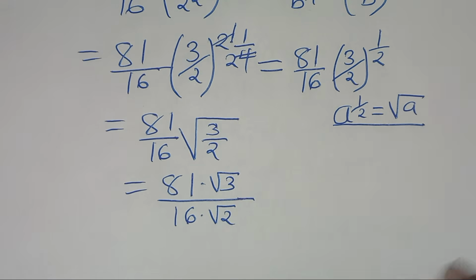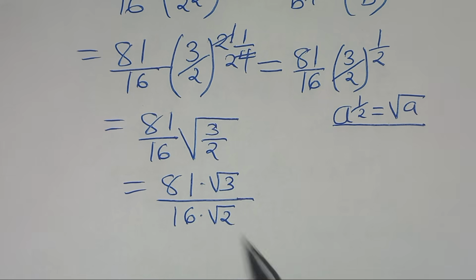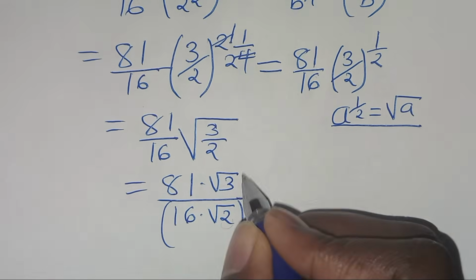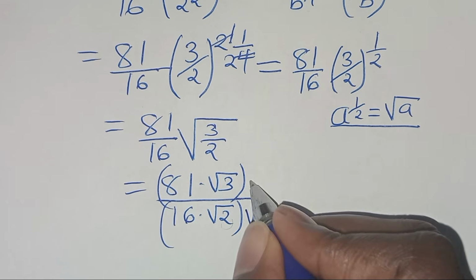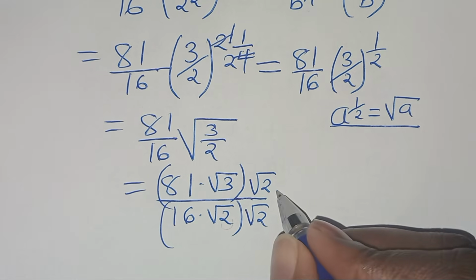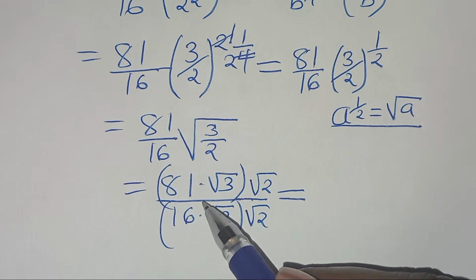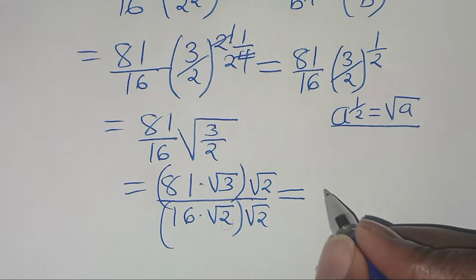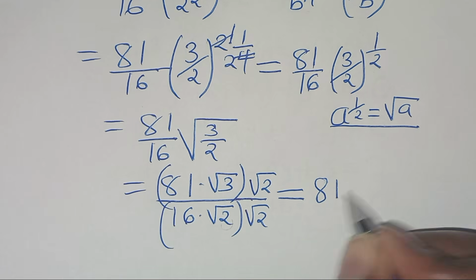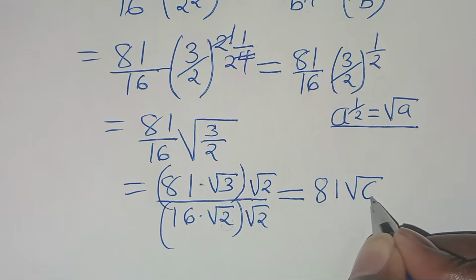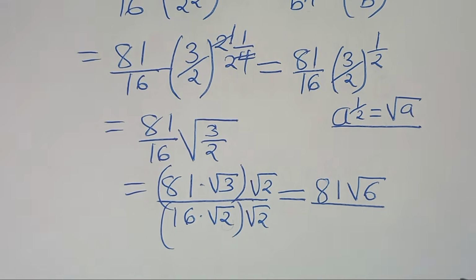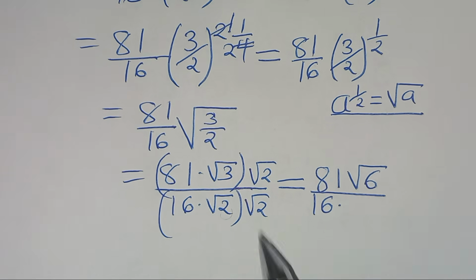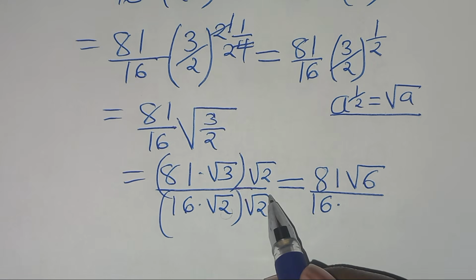The next step, let's rationalize the denominator by multiplying by square root of 2, and the same thing, multiply the numerator by square root of 2. So that now we have square root of 3 times square root of 2, which implies that we have 81 square root of 6 divided by 16 multiplying by square root of 2 times square root of 2.